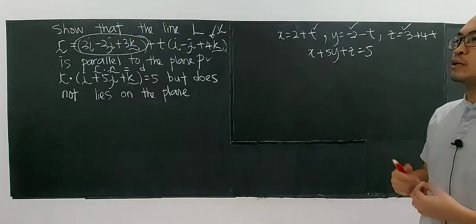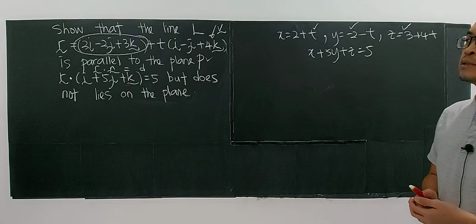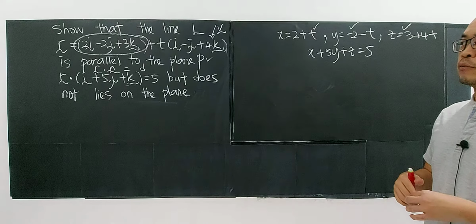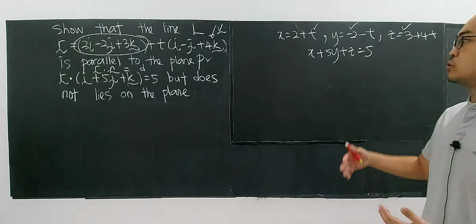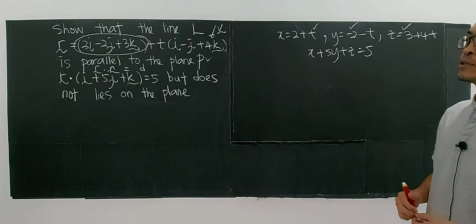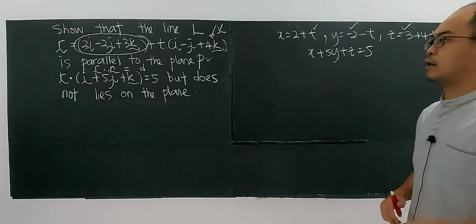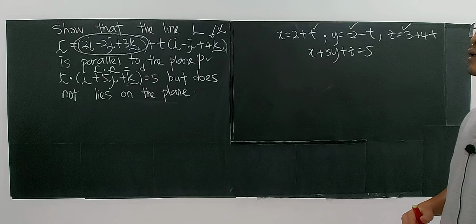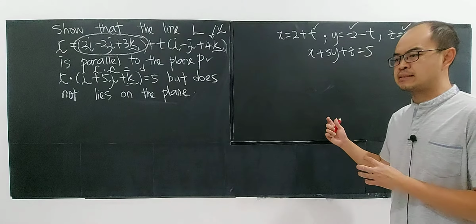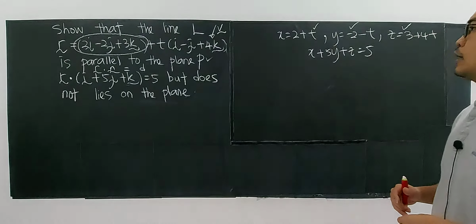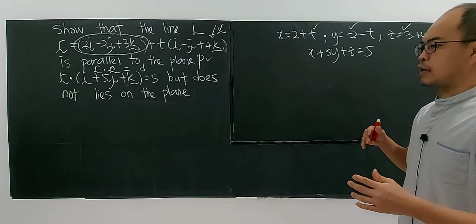The line does not satisfy the plane here means that we can show that the line is not on the plane, right? This is an easier way of doing it, all right? It's an easy way of doing it, but it lacks understanding, right? It means that you do not understand deep enough.